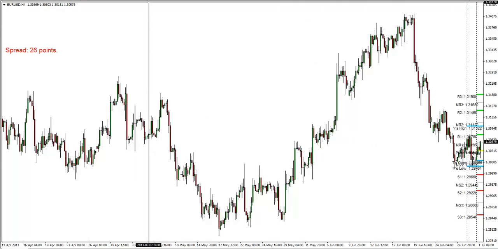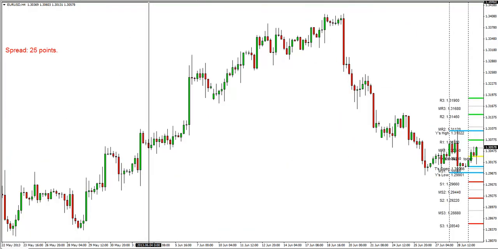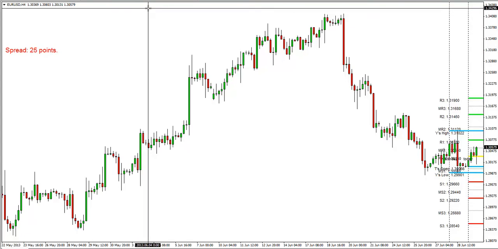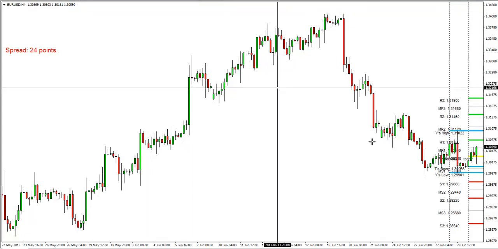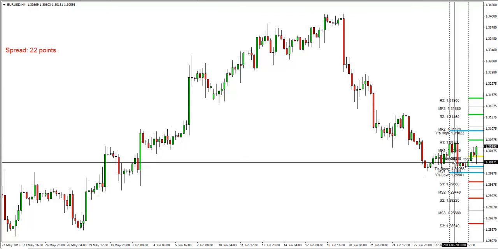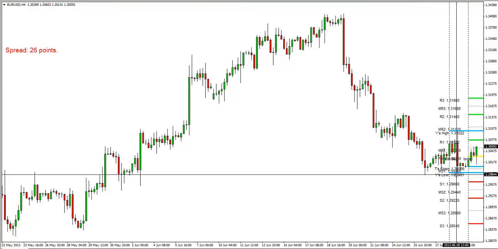Now that we want to narrow it and try to find some trades on the intraday time frame, meaning the 4-hour through the 15-minute, let's take a look at the consolidation areas and the major areas of support and resistance.